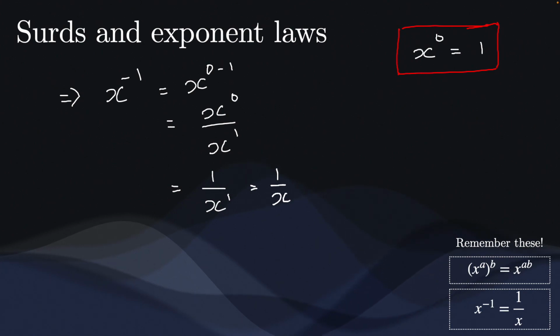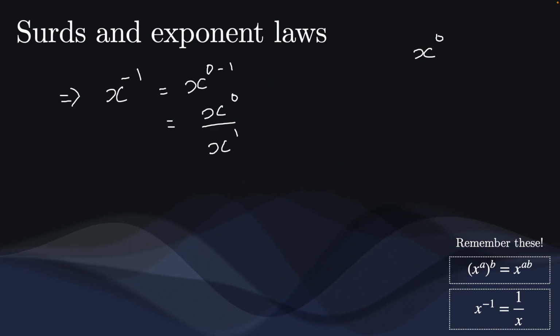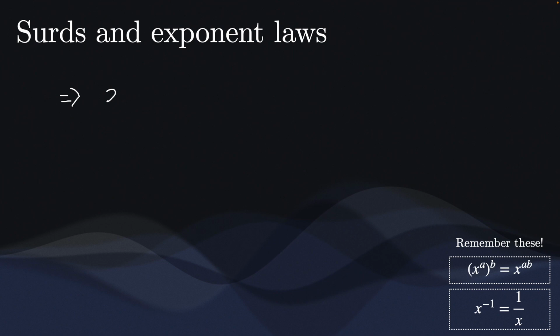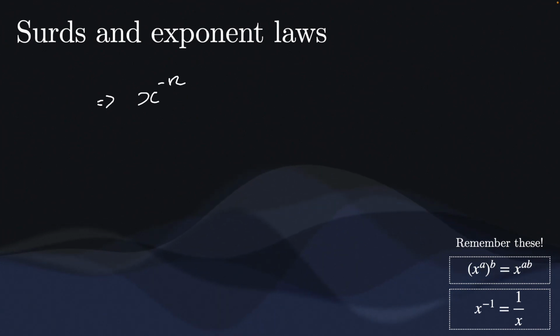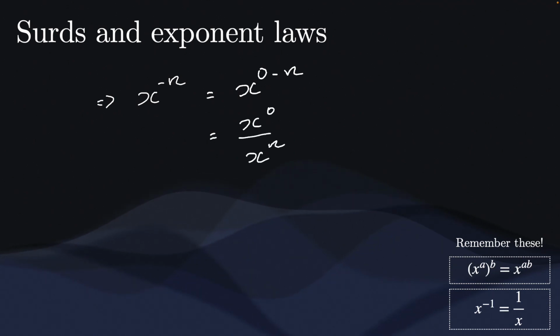So let's say this time that we wanted to find x to the power of negative n. I'll say some random number instead of just 1. So if we have x to the power of negative n, well, we just do the same thing, right? So we have x to the 0 minus n, which is equal to x to the 0 over x to the n.